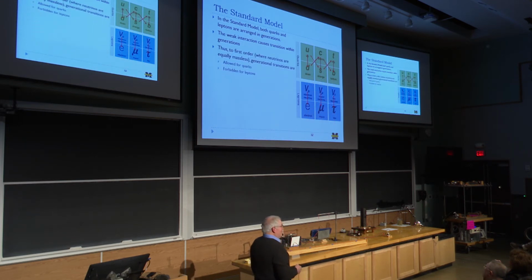In addition, the weak interaction can go across pairs, so we can connect to an S and a U. And that's how we see this S to D transition in the kaons. The S goes first to one of these, and then in turn comes back down to the D quark.